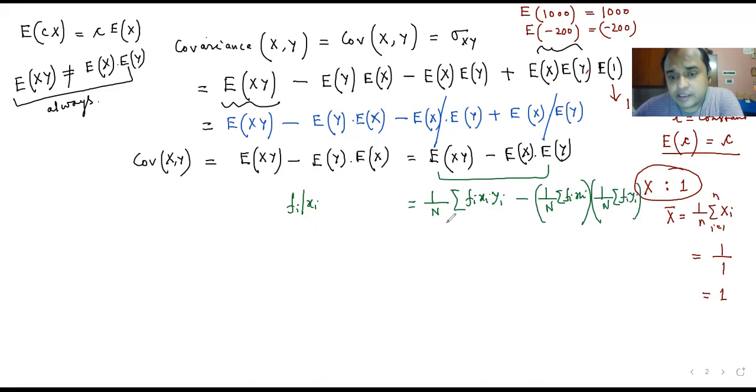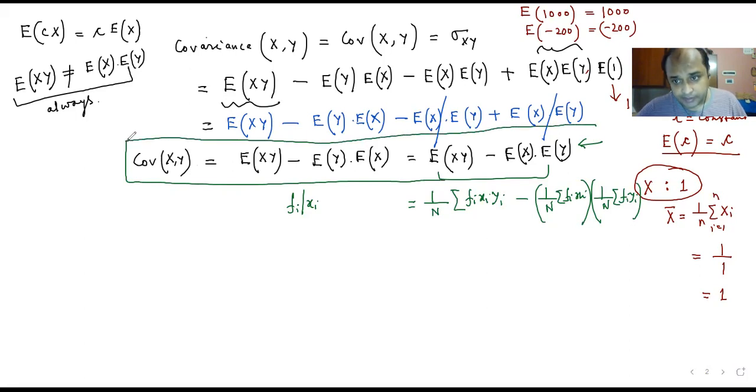So this is the frequency interpretation of the covariance of XY. This is how it is calculated, but we shall not be using the frequency interpretation right now. We'll stick to our expectation notation. This is our today's mathematical formula that we are going to use to solve a few problems.